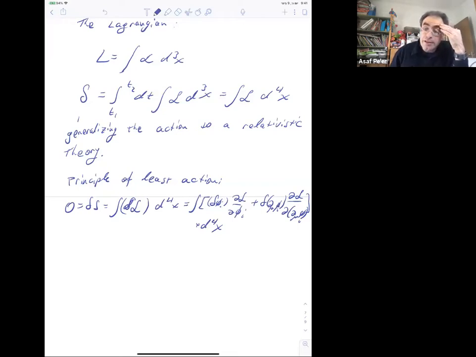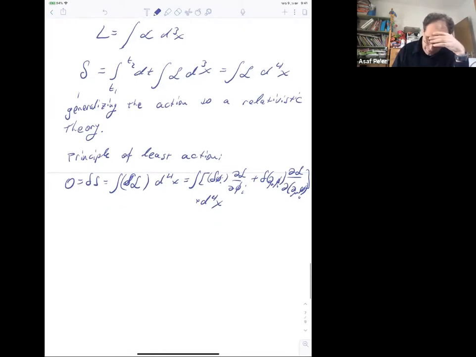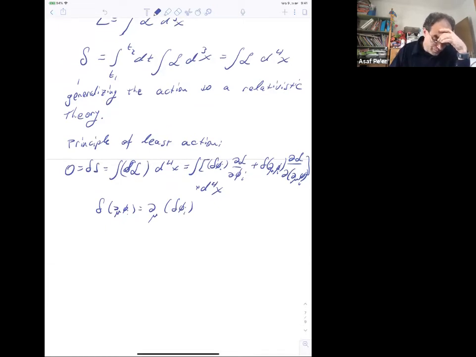And then essentially we just repeat the same calculation that we were doing for the classical Lagrangian. So we first replace the order of differentiation in the second term. So we have delta d_mu phi_i is d_mu of delta phi_i. This is just a change of order of differentiation.